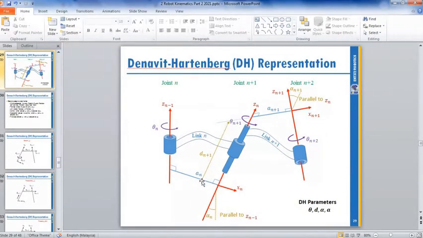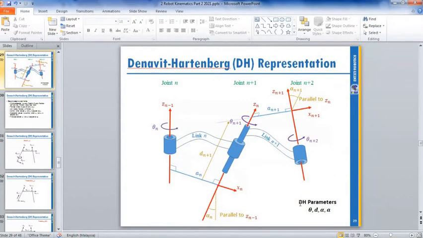So this is the standard naming. Theta and d for z, alpha and a for x. In the DH method, we do not consider y because y will be calculated automatically. When you calculate z and x, automatically in DH you will get y at this coordinate.